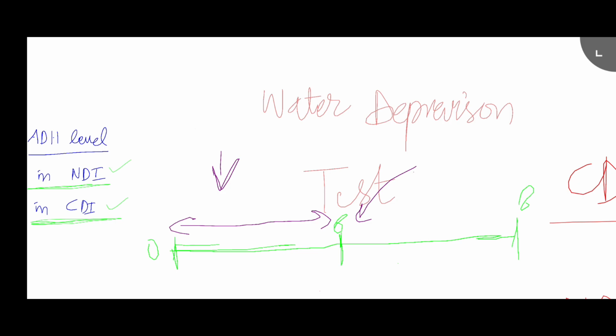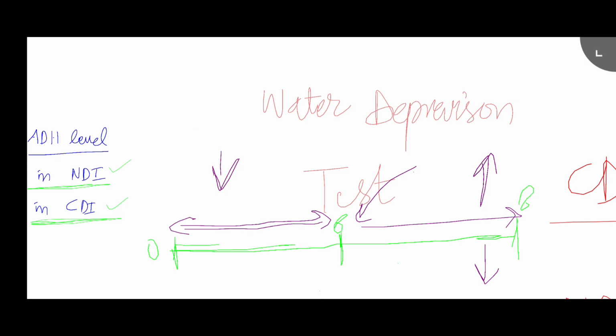As soon as you give the ADH and you measure the urine osmolality after 8 hours, now the urine osmolality is increased. But in nephrogenic diabetes insipidus, the urine osmolality will still be low. So this is how it establishes the diagnosis as well as helps differentiate central and nephrogenic diabetes insipidus.